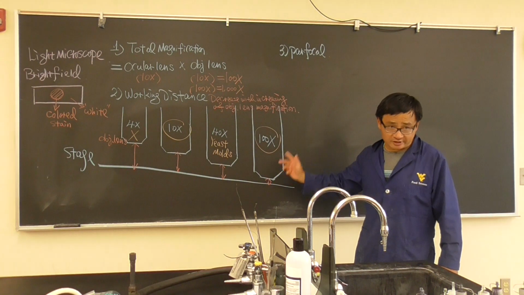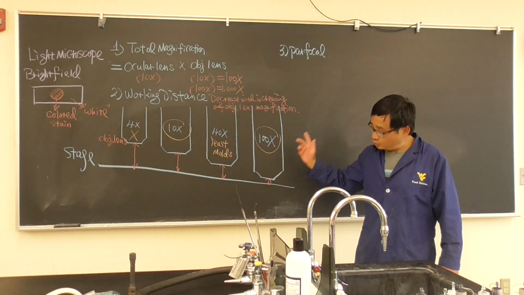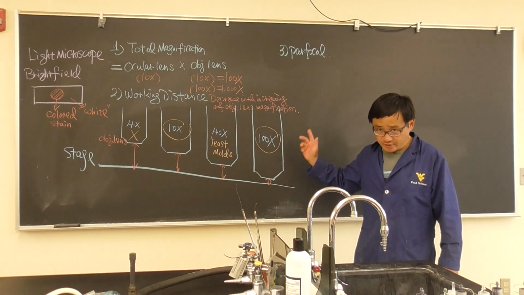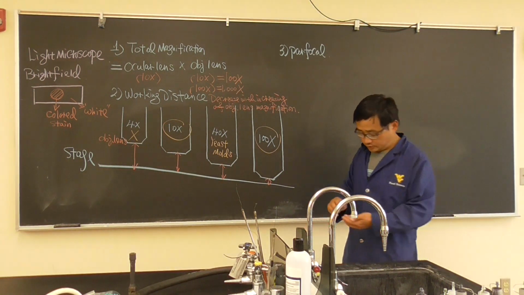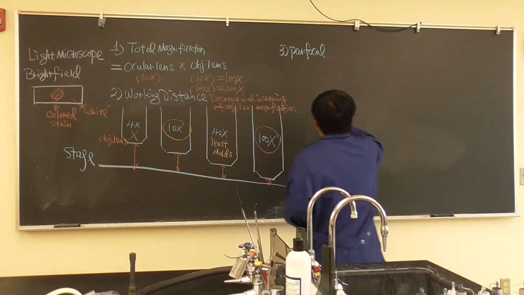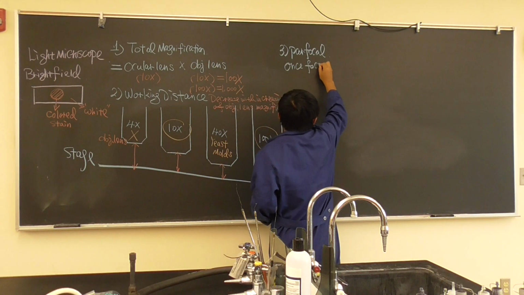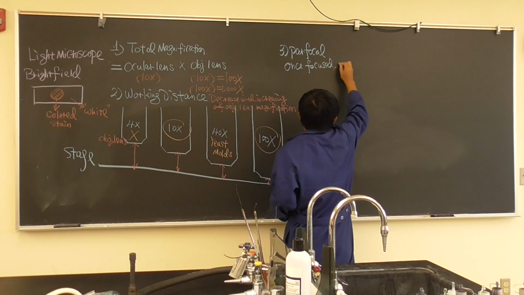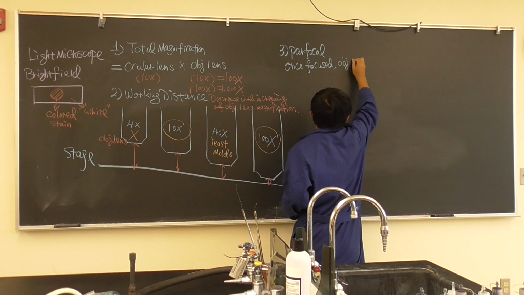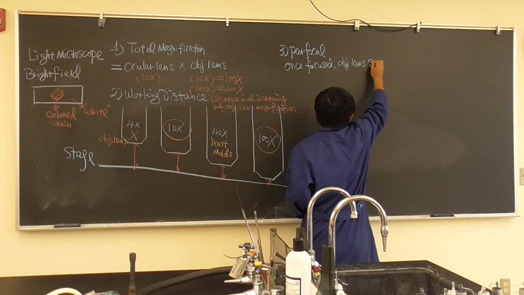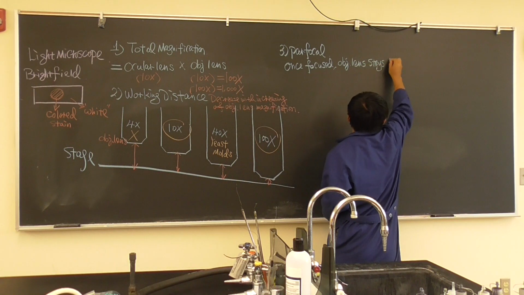The lens will stay focused, which means you only need to do a very minimal adjustment. So what does parafocal mean? That means once focused, the objective lens stays focused.